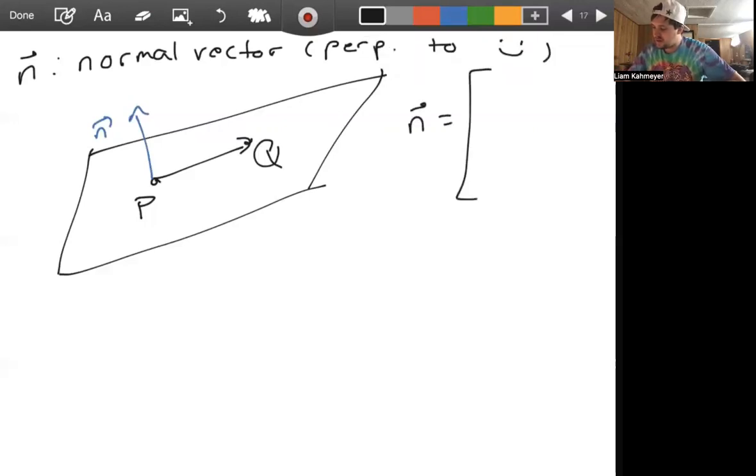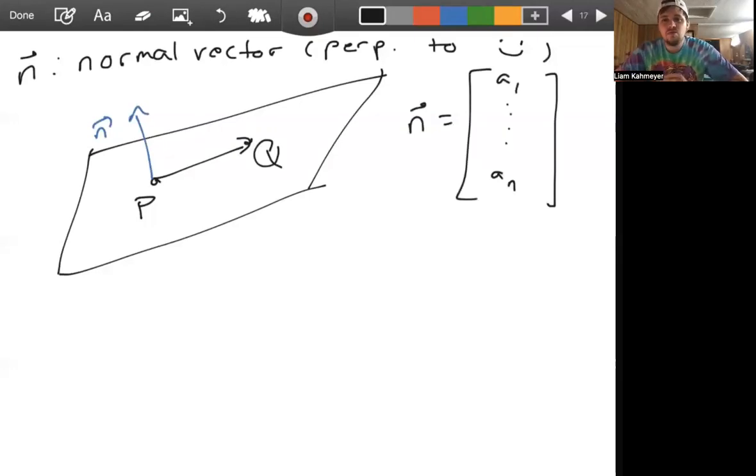Let's call this A1 through An, right? I'm not going to use N, so I don't have like N_n, right? I don't want to confuse the lowercase N for a vector and subscript. So here, the components of this normal vector are going to be A1 through An.